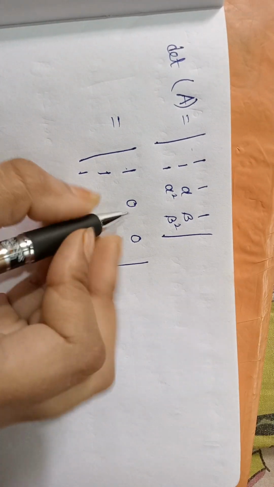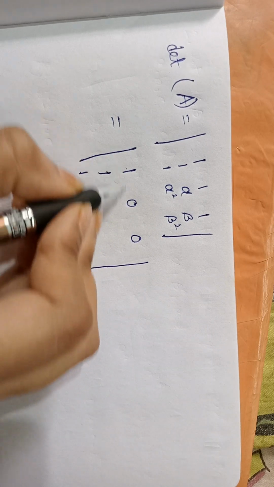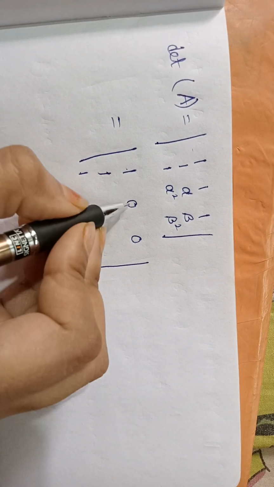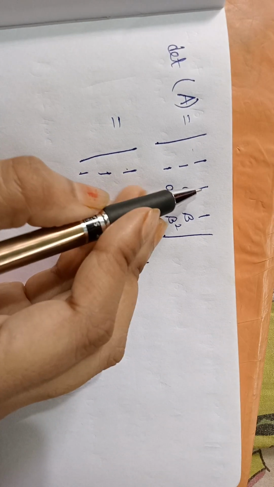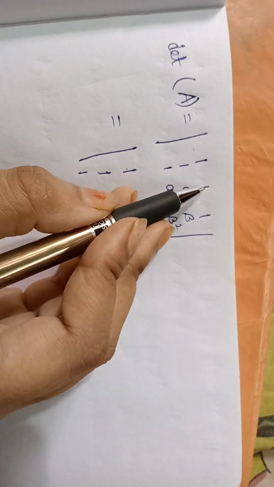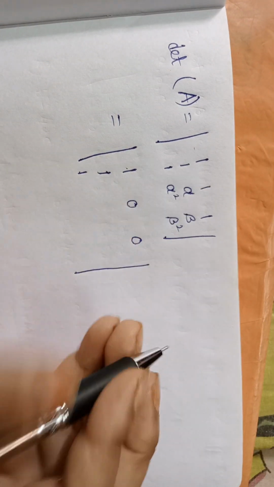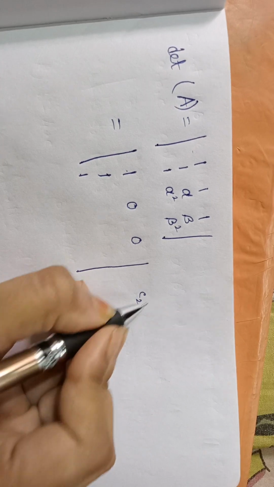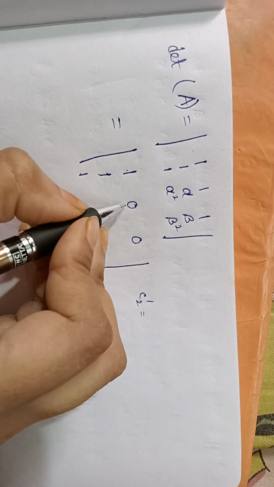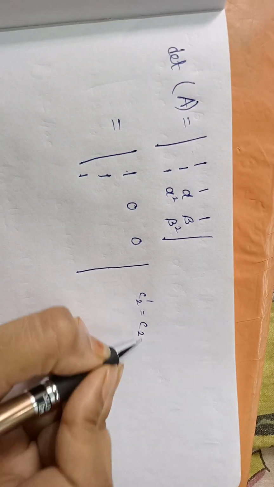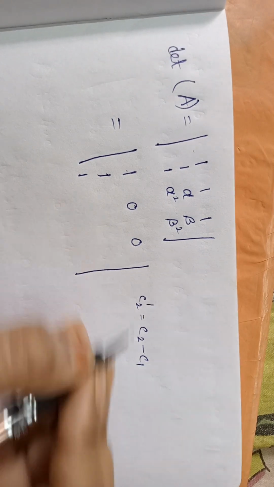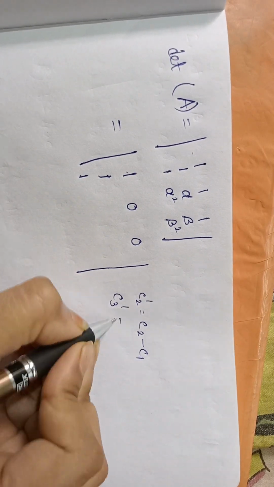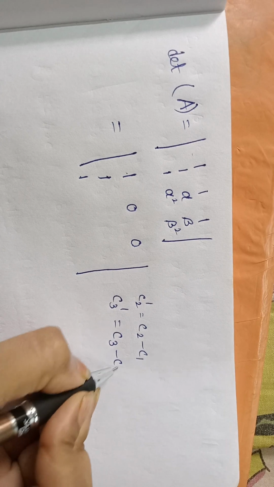Now the second entry, that is the A1 2 position, first row second column position, this element 0, how will it be? By C2 minus C1. So our C2 dash, that is new column 2, will be C2 minus C1, and similarly C3 dash will be C3 minus C1.